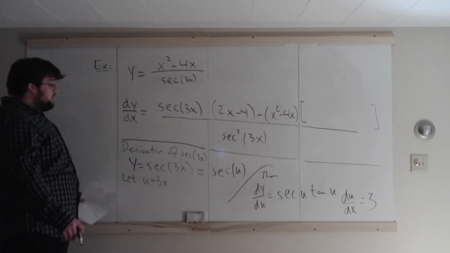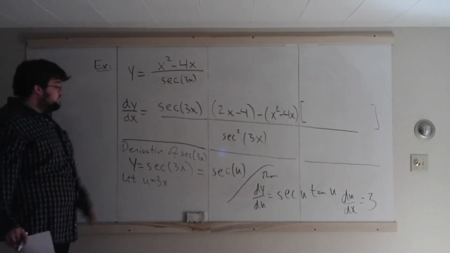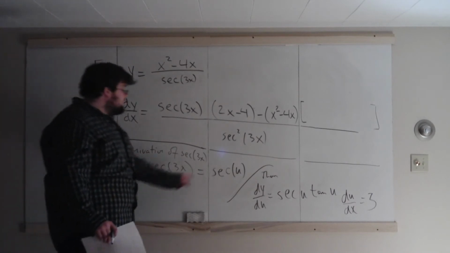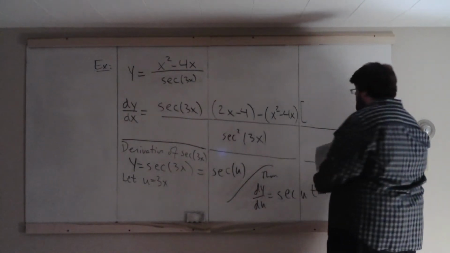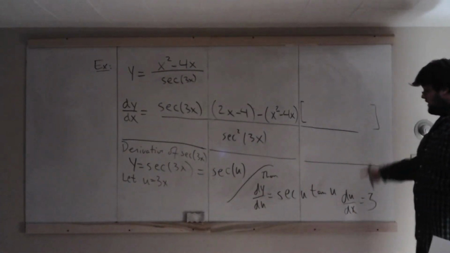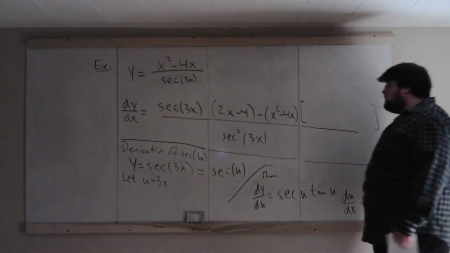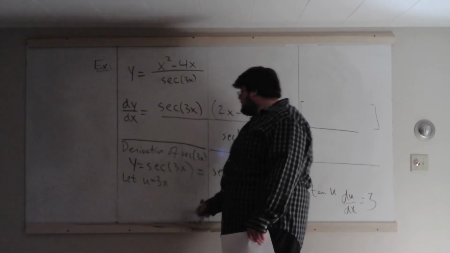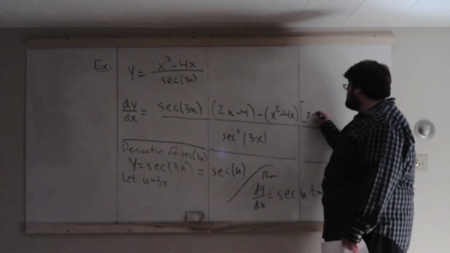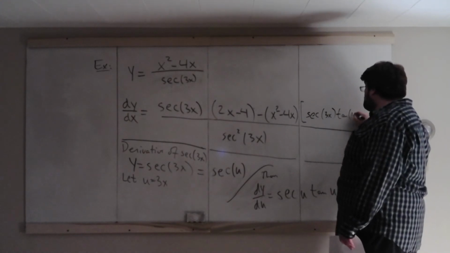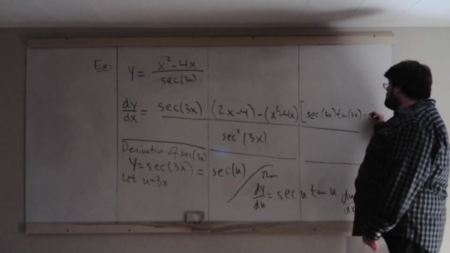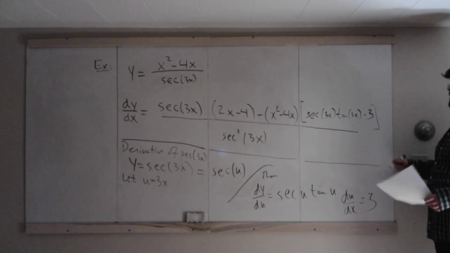So all of this work on the bottom was to find the derivative of secant of 3x, which we find by multiplying these two together. And we want to put that up here. Secant u tangent u times 3. U is 3x, so we have secant of 3x tangent 3x all times 3.